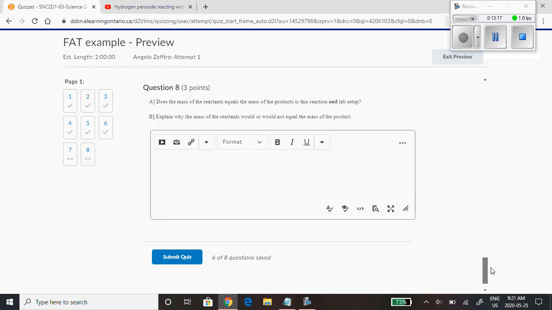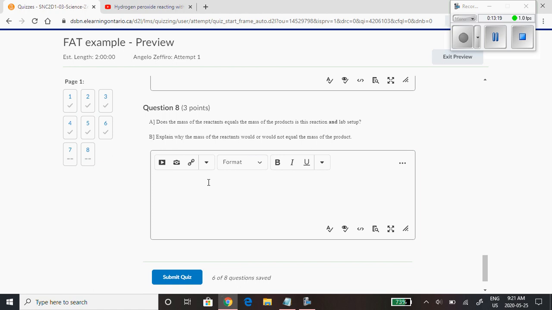Question 8. Does the mass of the reactant equal the mass of the product in this reaction? And that's important lab setup. Well, what I'm going to say is the mass of the products and reactants are not equal. Now, what's B say? Explain why the mass of the reactants would or would not equal the mass of the products.